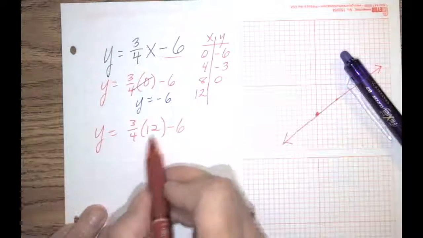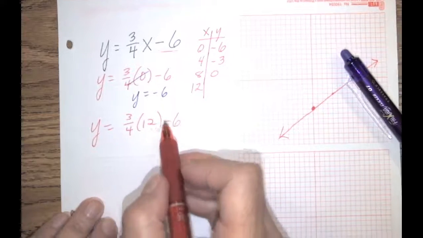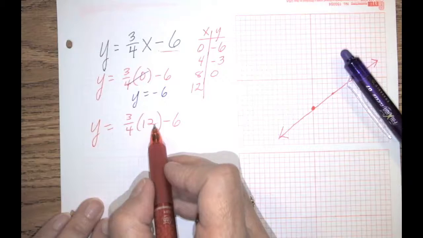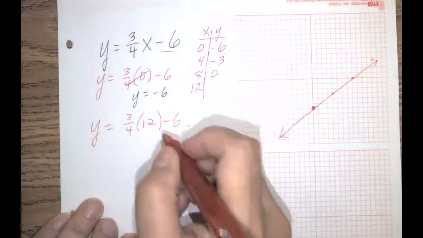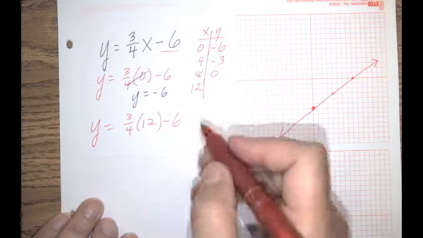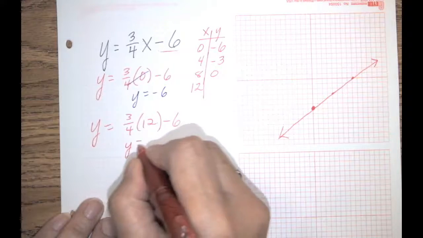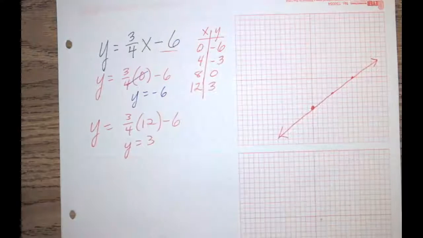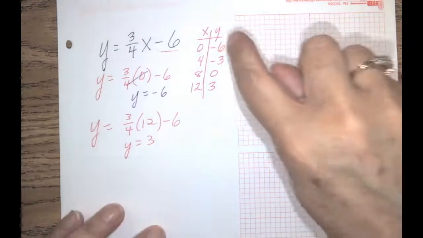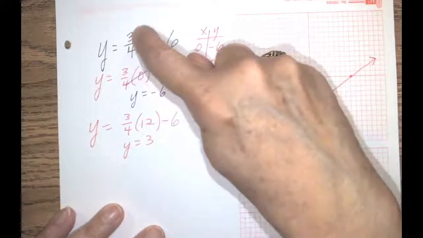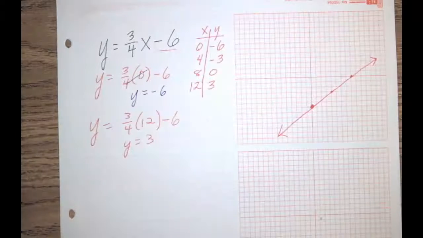Well, just do the math here. You could even type that in your calculator. 3/4 of 12 is 9. Yes, 9 minus 6 is 3. So the point 12, 3 is on that line. Now, rise over run: this should be going up by 3, and this should be going up by 4.